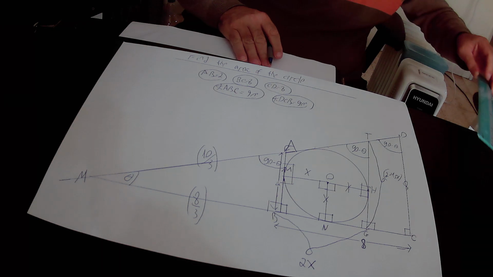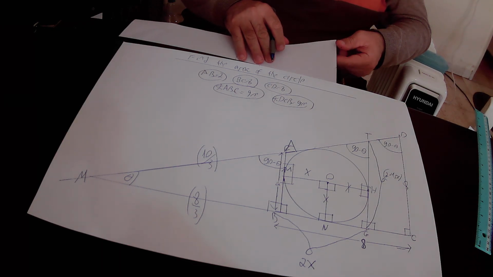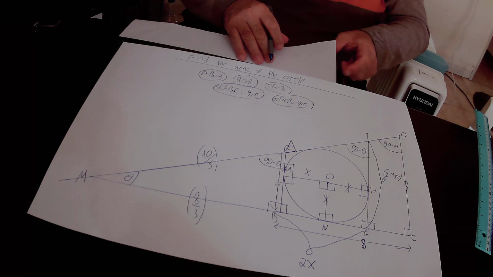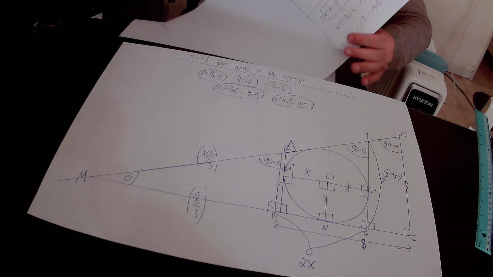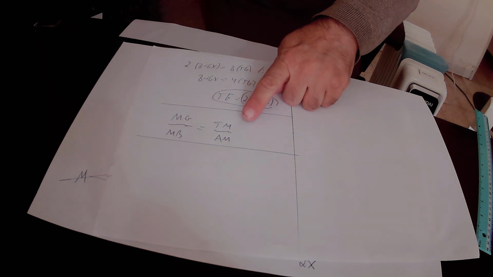Repeat again: MG over MB equals TM over AM.